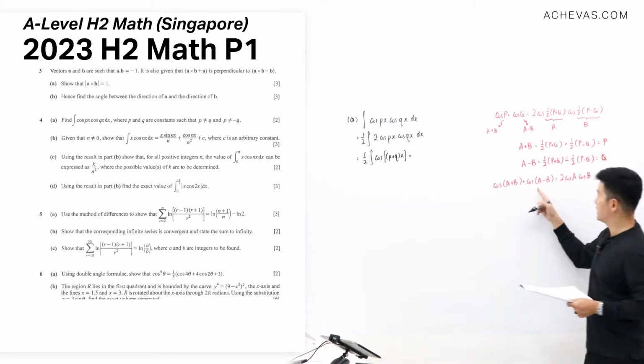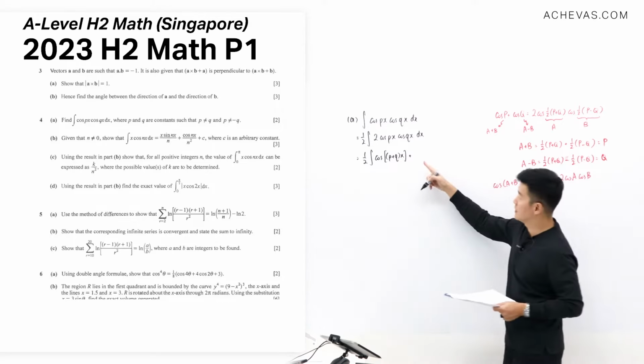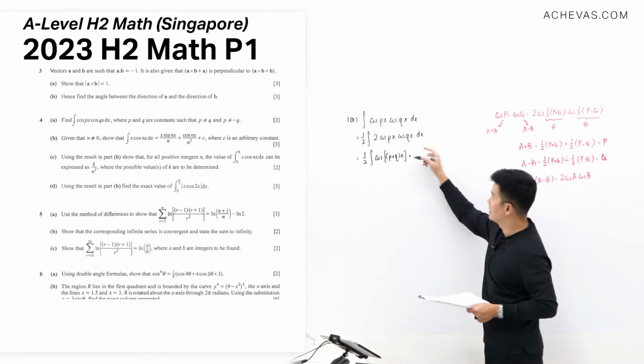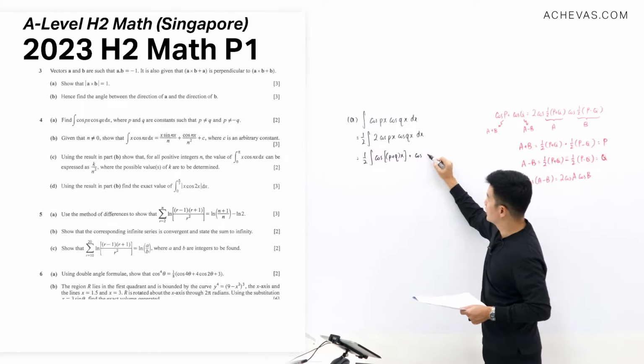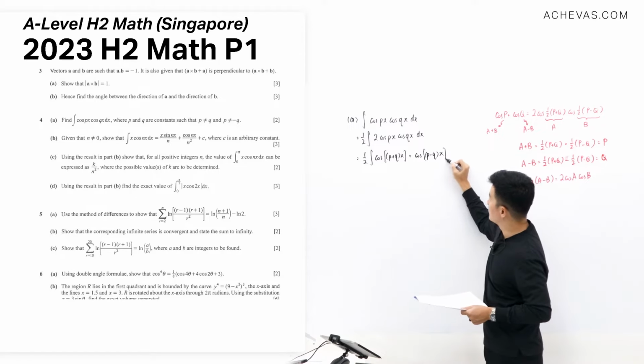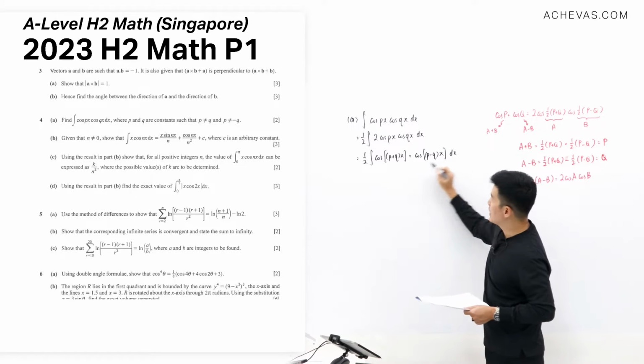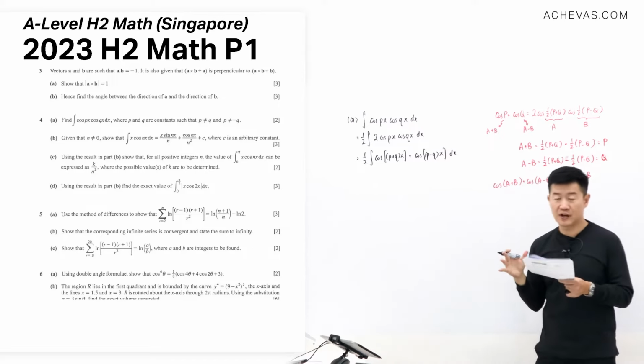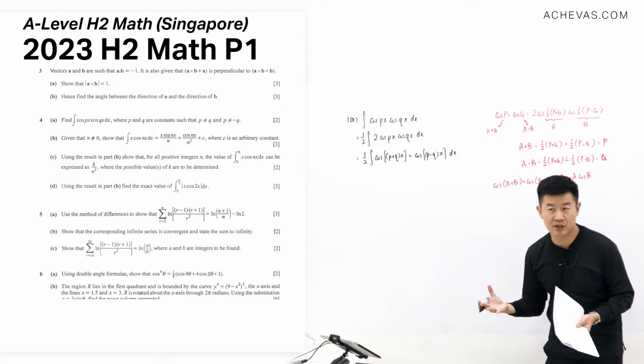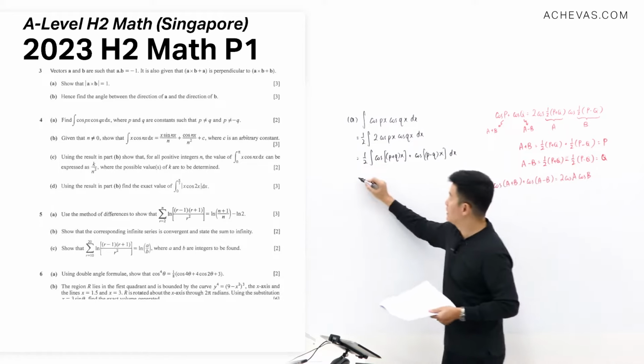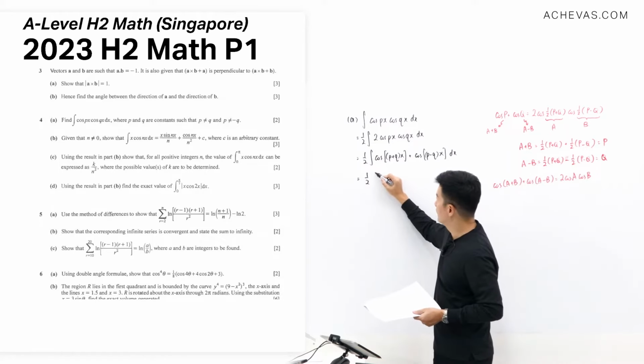Then plus cosine a minus b. In this case, it's going to be cosine px minus qx. So it will be cosine p minus qx, and this will be the other angle. And what we have now within the cosine function is just a linear expression, and that we can integrate. So this is going to be equal to half.